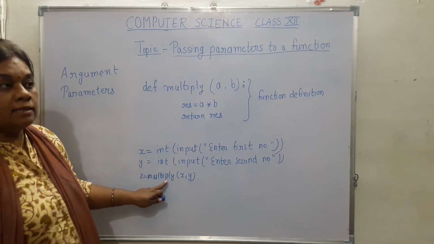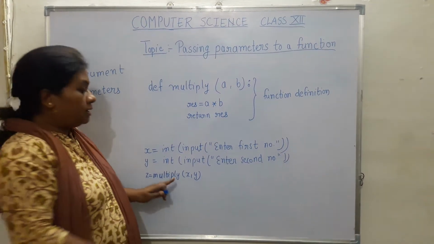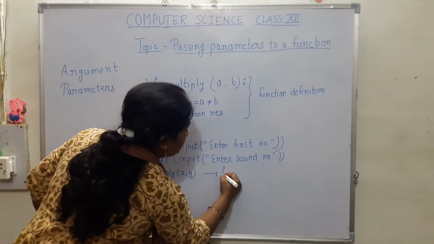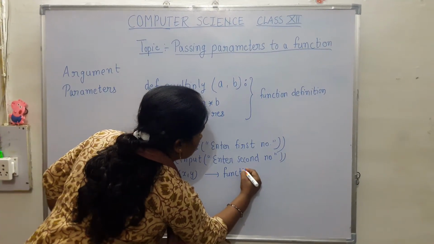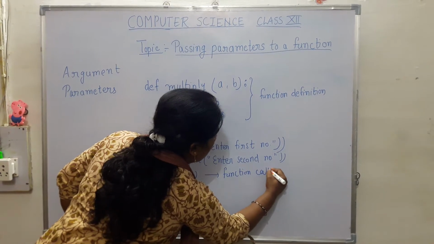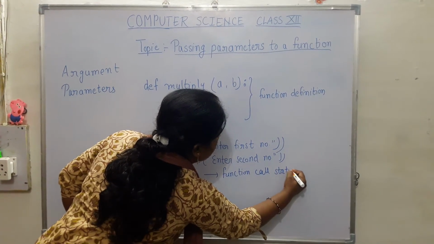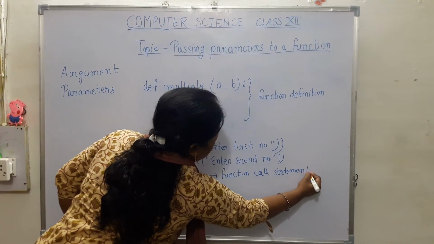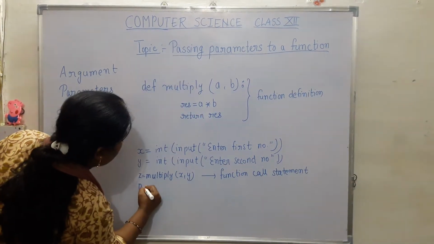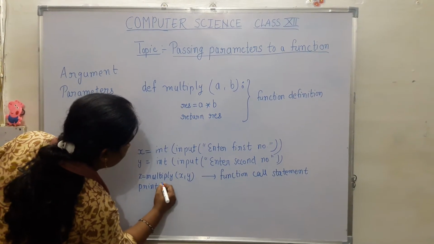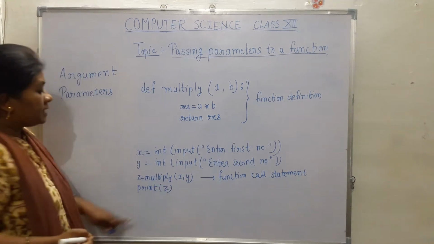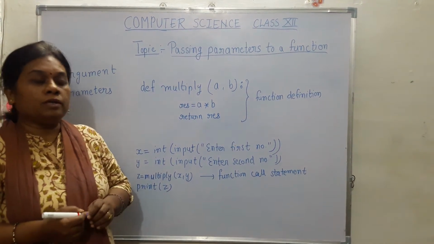What is this thing? This statement is the function call statement, and here we will print the value of z. This gives the multiplication of two numbers.